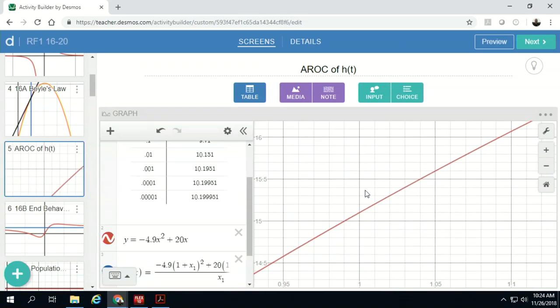So if you notice, as we graph that, what does that curve look like at this point? Looks almost like a line, right? We zoomed in so far, it looks like a line.